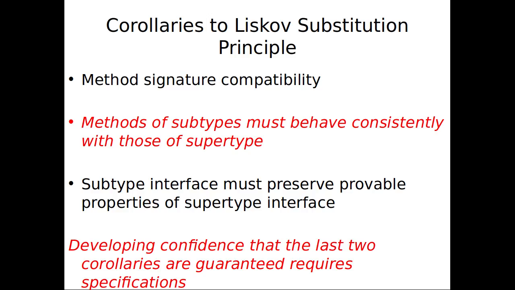It can't perform a cube root. If you're counting on it to compute a square root in the supertype, if I have a B, I call it, I'll get back something within a certain distance of the square root. I can't then go in A and define that that's actually a cube root and then pass it around as if it's a B.